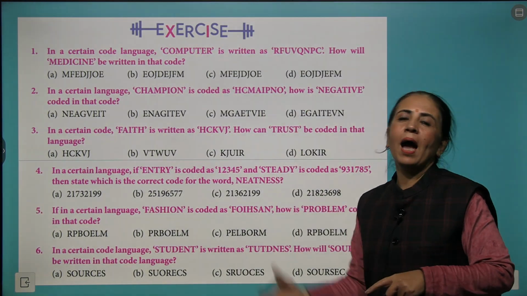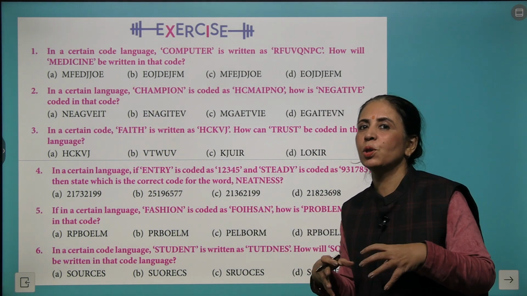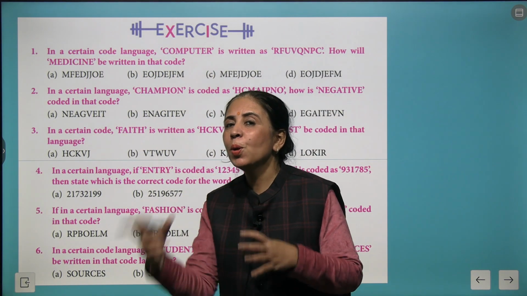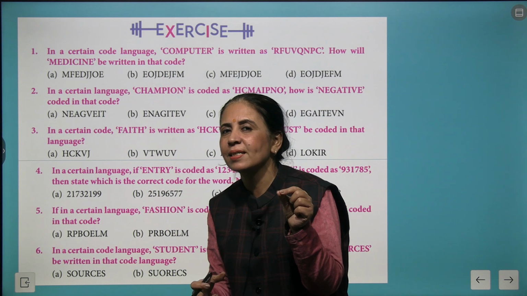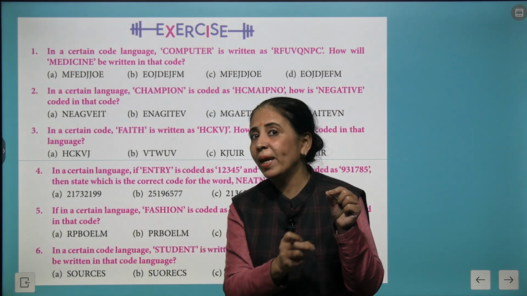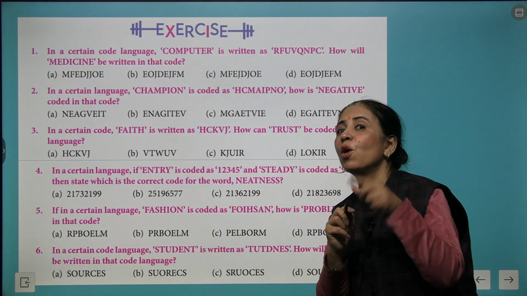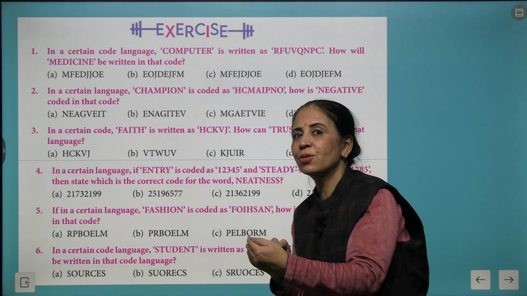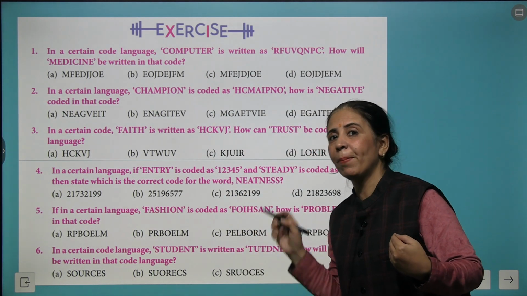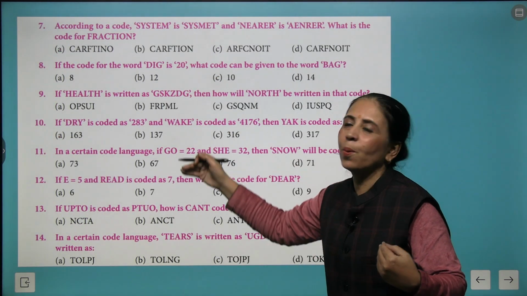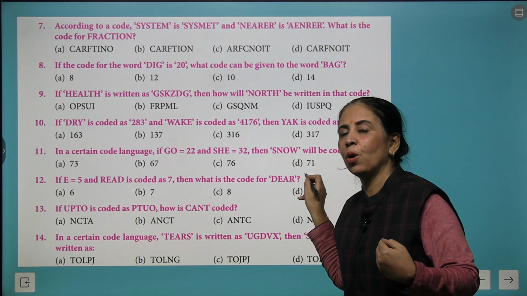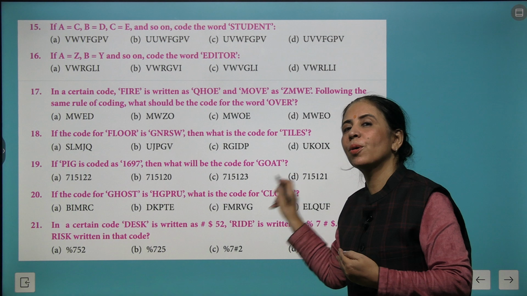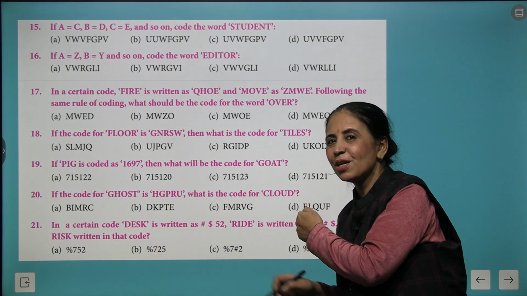Understood? Now we have more questions based on what you have learned. But remember, the same pattern doesn't follow everywhere. You have to do a little mental exercise and think very carefully. So it's going to improve your visual understanding, along with your mathematical tricks and your thinking capacity. Just start reading the question and see what pattern is followed, and based on the pattern of the given code, you are going to crack all the codes which I have created for you.